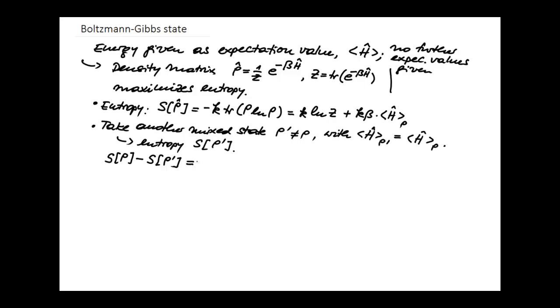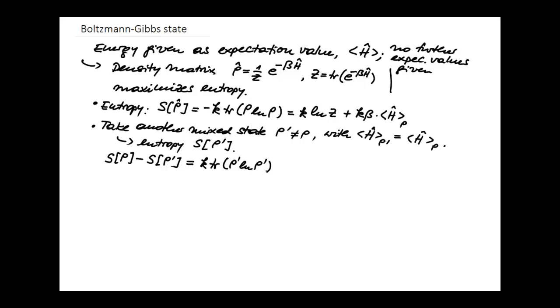Let me start with S of rho prime. S of rho prime is again minus k trace rho prime log rho prime. Since we are subtracting it, it gets a positive sign, and I write it as the first term: k trace rho prime log rho prime.